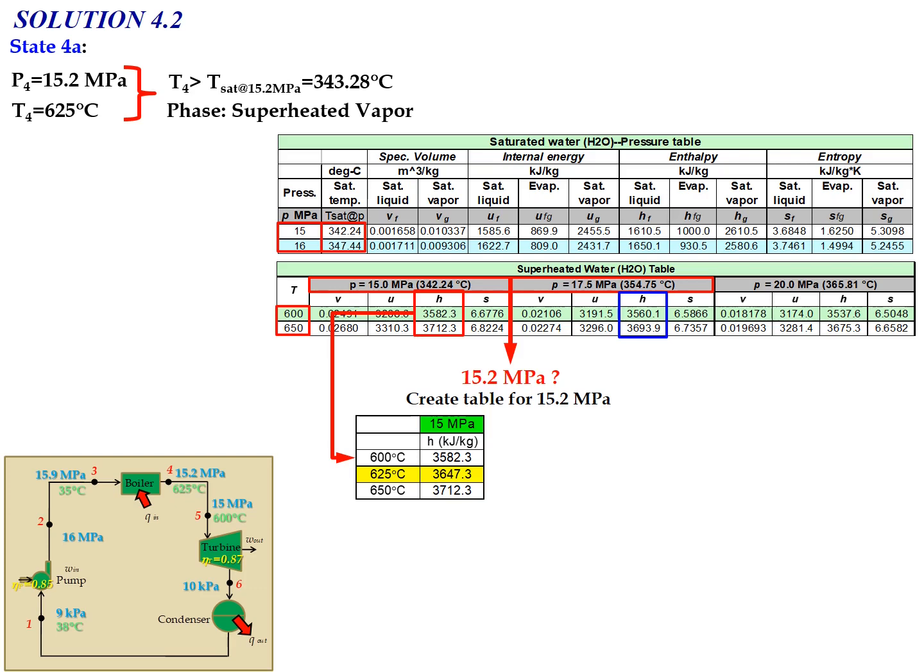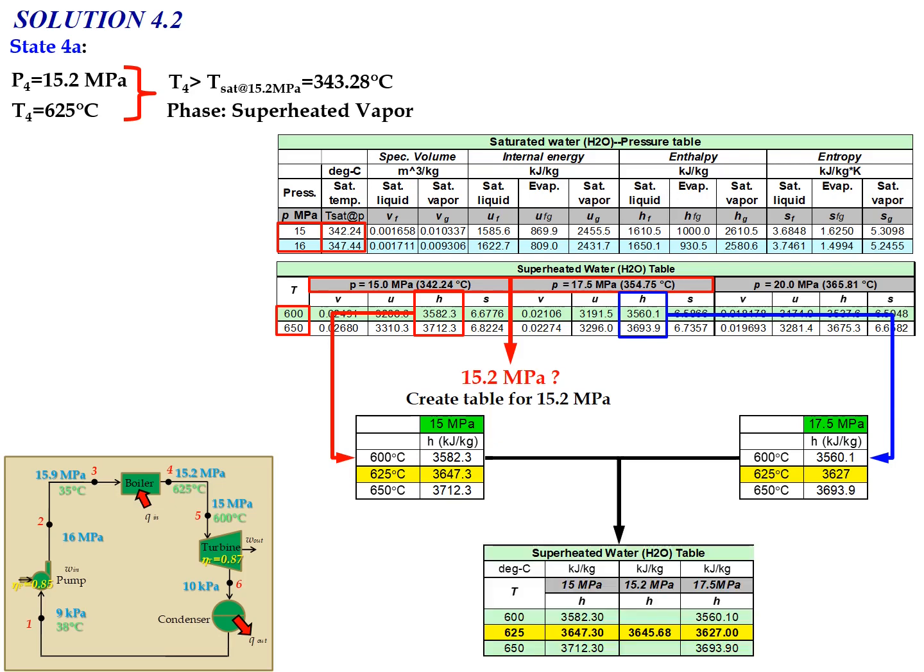We make an interpolation to obtain the enthalpy value at a temperature of 625 degrees Celsius for the pressure of 15 megapascal. Then we extract the enthalpy and temperature data for the pressure of 17.5 megapascal and interpolate to determine the enthalpy value at 625 degrees Celsius.